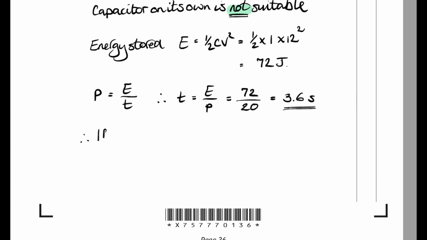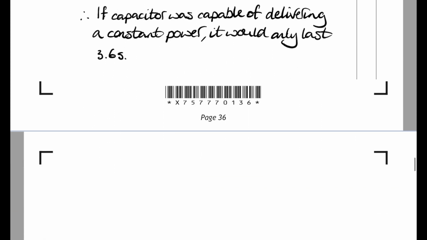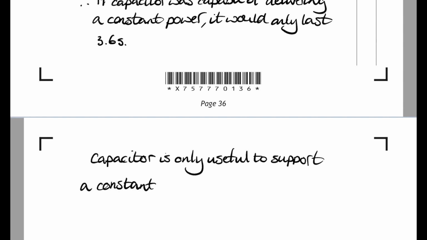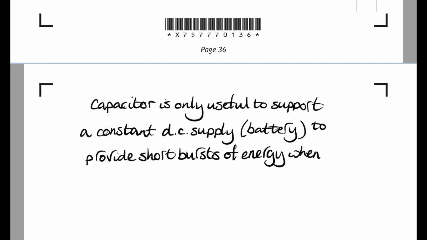And bear in mind that is if the capacitor could deliver a constant power. It would only last 3.6 seconds. So really, the capacitor is only useful to support a constant DC supply, or in other words a battery, and all it can really do is provide short bursts of energy when required.